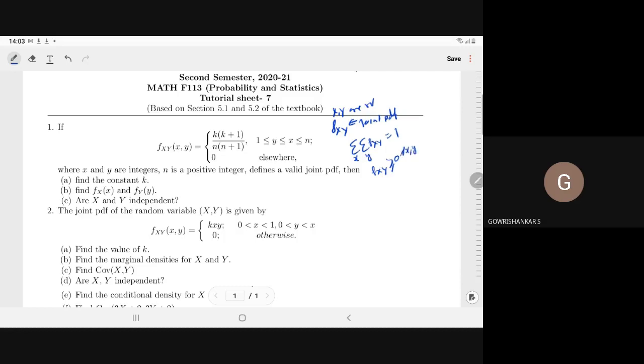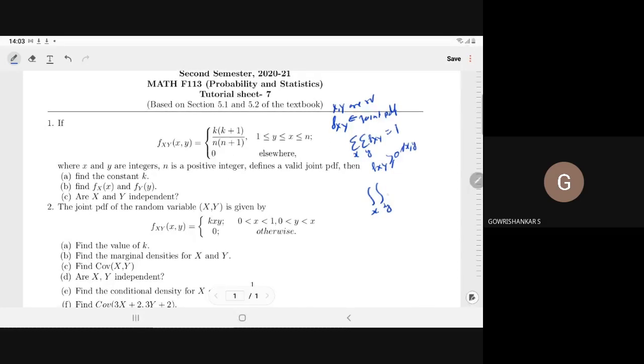Then only we say it is the joint PMF, probability mass function, in the case of discrete, and joint PDF in the case of continuous. For the continuous, in place of the summation, we write the integration: integration over x, integration over y of f_XY with respect to dx and dy must equal 1 when x and y are continuous.